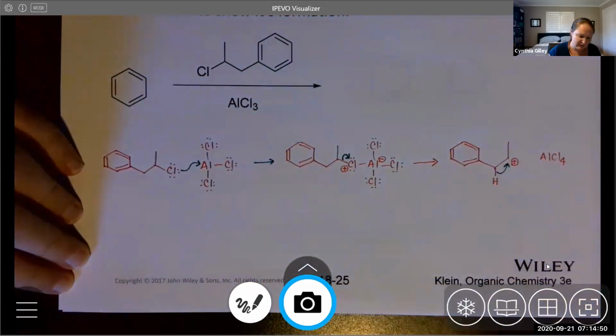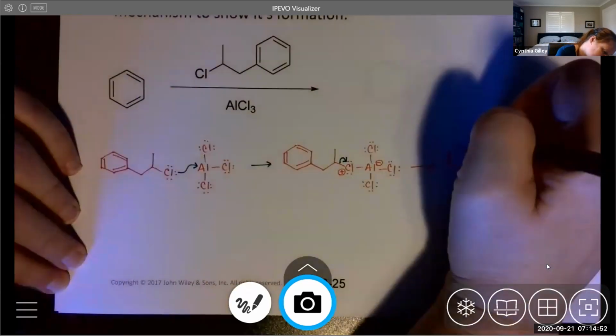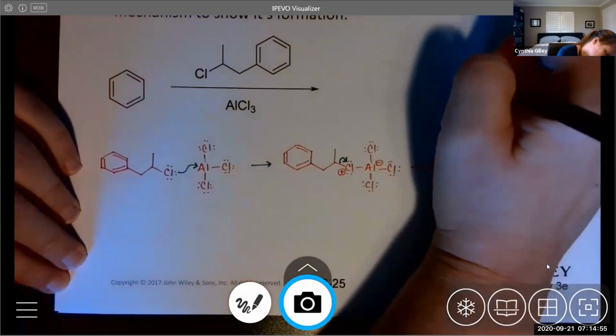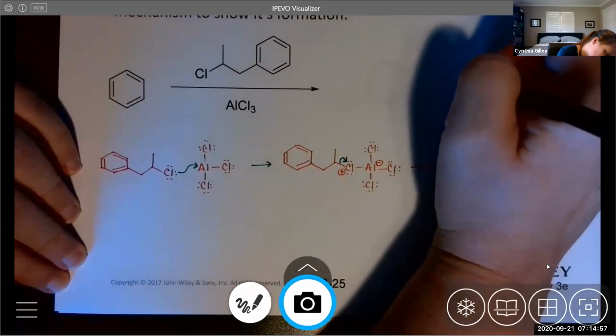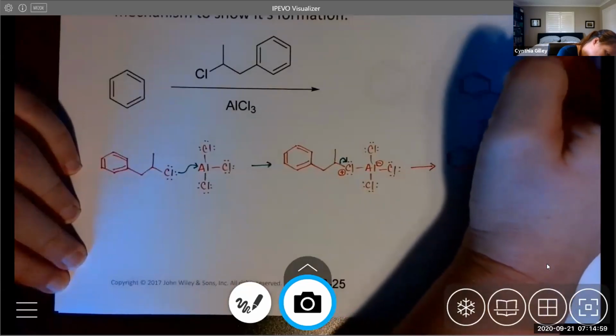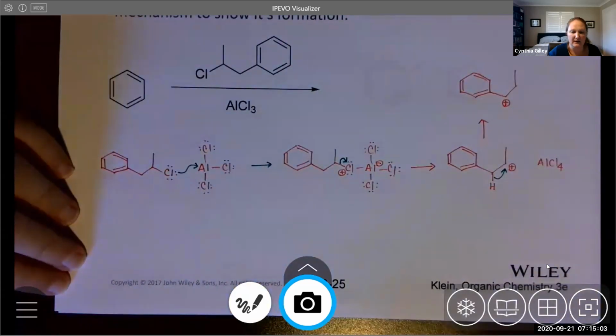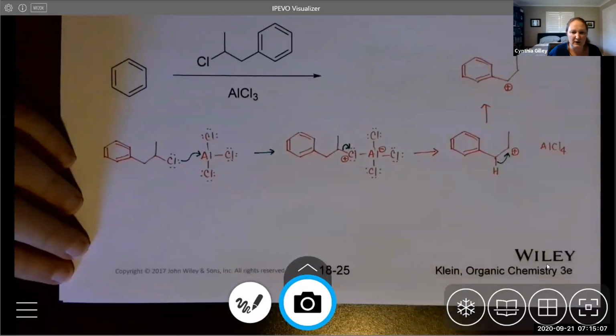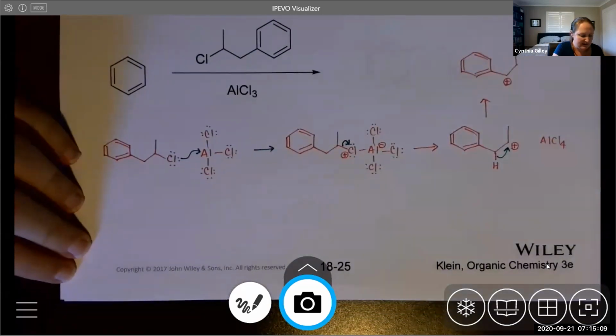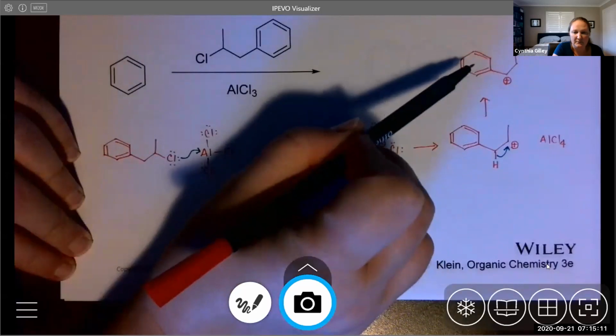So I'm showing a hydride shift. And that gets me to a secondary benzylic carbocation. So here's the problem with reactions where rearrangements occur. This doesn't occur 100% of the time, right?